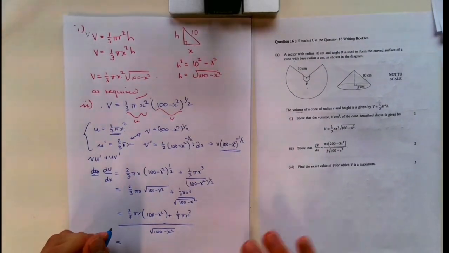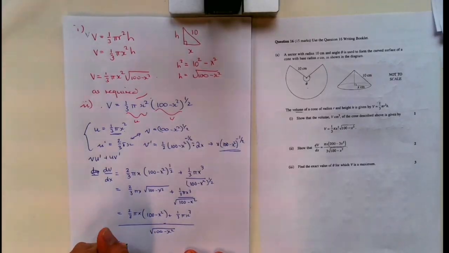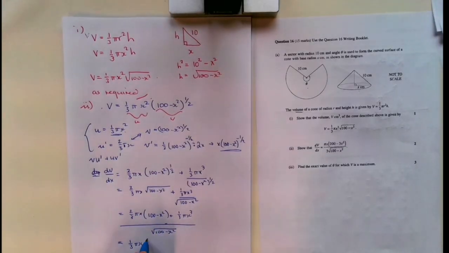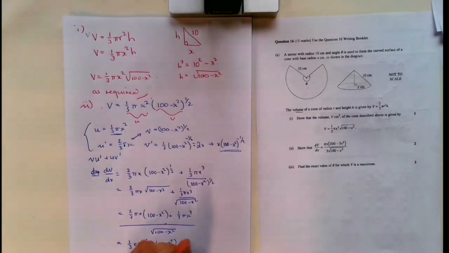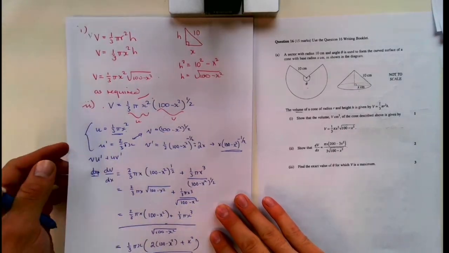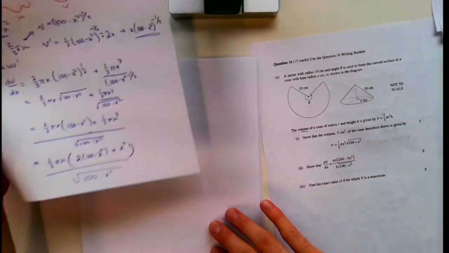So basically I'm going to bring out 1/3 pi x, from there and there. And then we're going to get 2 times (100 minus x squared) plus x squared, all over 100 minus x squared. Okay, and we're going to have to carry over to the next page.